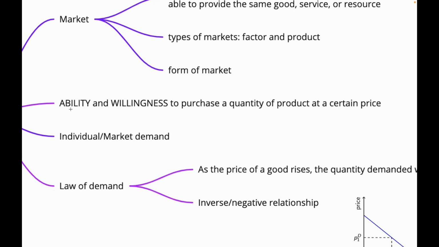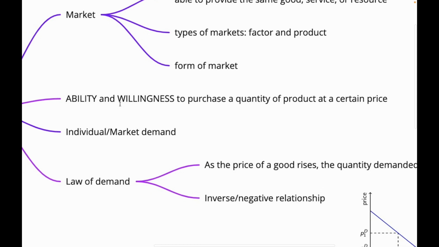So if you have enough money to purchase an apple, but you don't want it on a particular day, you don't have the demand for that. Vice versa, if I want an expensive and luxurious sports car, I'm willing to purchase it, but I'm not able to. That would not be demand either. Therefore, both ability and willingness have to be met in order for demand to be met.